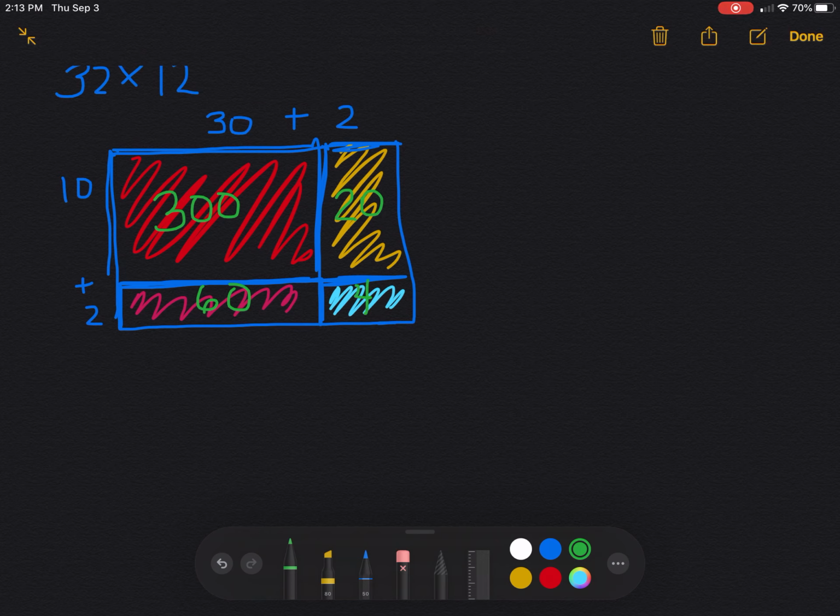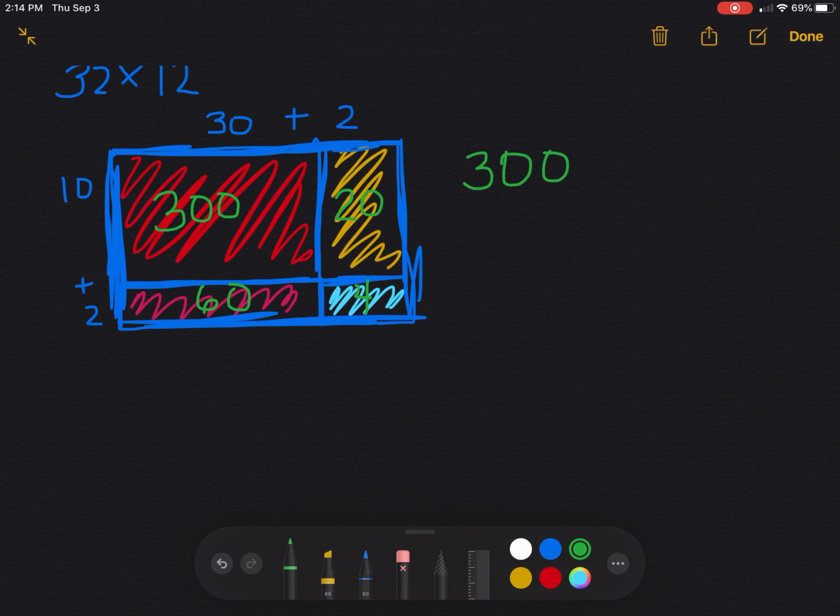Now I found all of the areas of these partial rectangles, but I want to know the area for this entire rectangle. I'm outlining it here for you so you know what I'm talking about. So how am I going to do that? Well, I'm going to add all these partial areas. 300 plus 20 plus 60 plus 4.